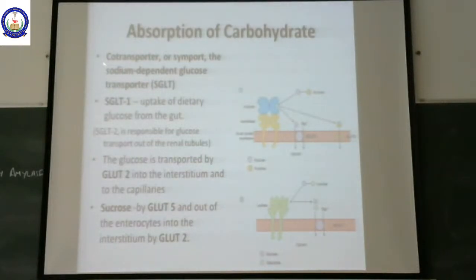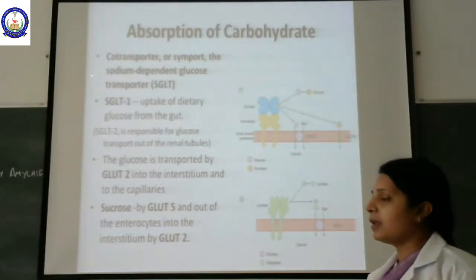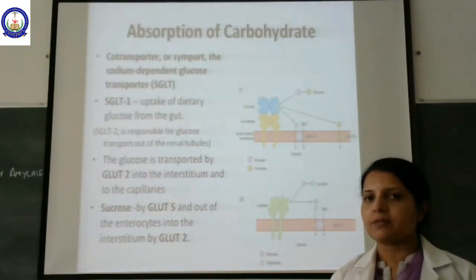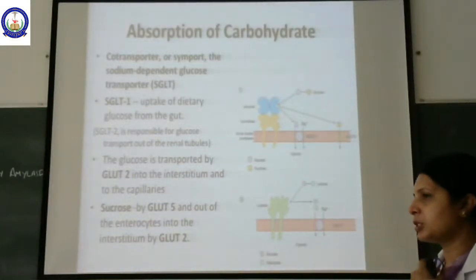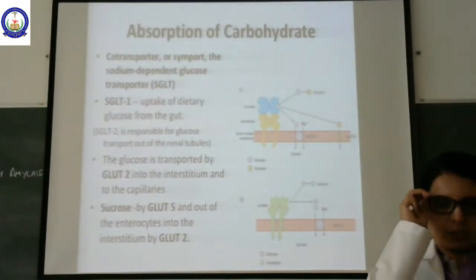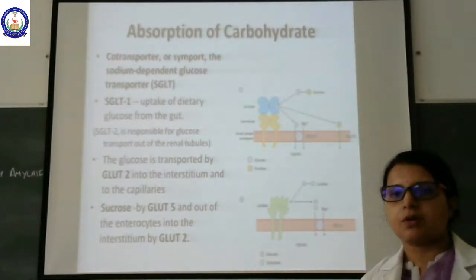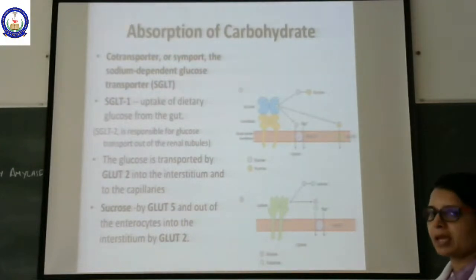They require a special carrier protein as well as a special transport mechanism. The main transport mechanism involved in the absorption of glucose is called the co-transport mechanism or the symport mechanism.